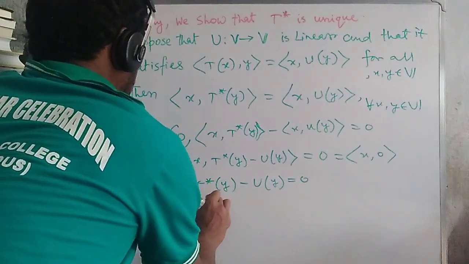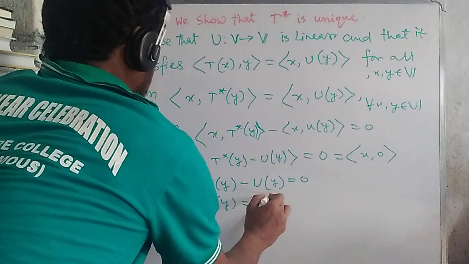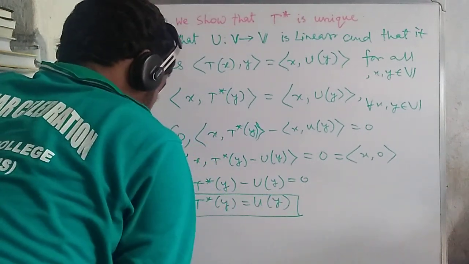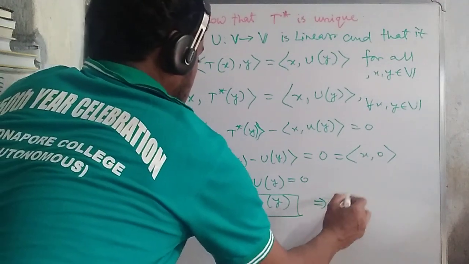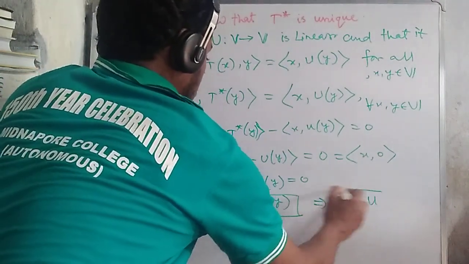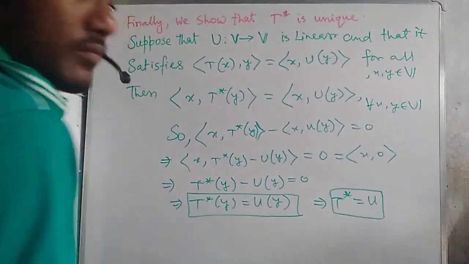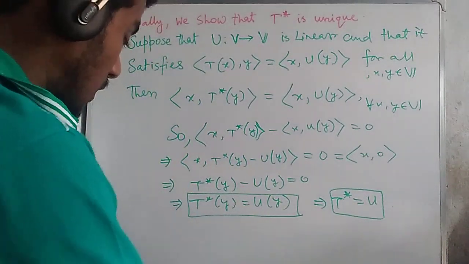This implies T*(y) − U(y) = 0. This implies T*(y) = U(y). Understood? This implies T* = U. So we do this one.